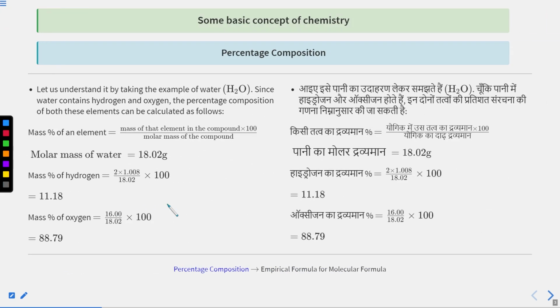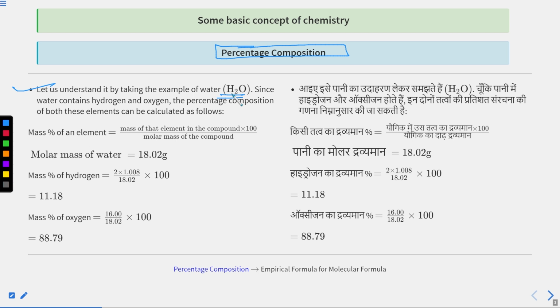So let's understand the word percentage composition and how we can calculate it by taking an example of water, having formula H2O. Water contains two types of atoms, hydrogen and oxygen, and a total of three atoms, two hydrogen and one oxygen.